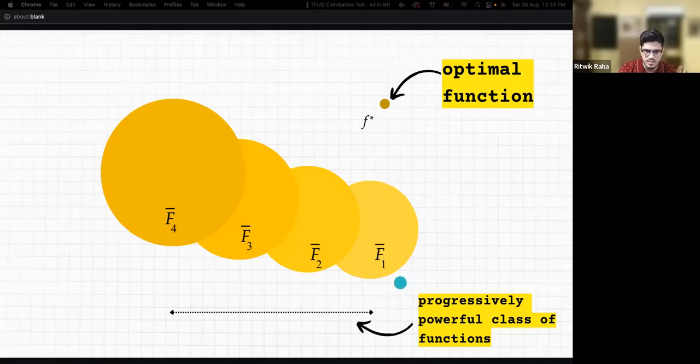Now, what happens is, since f2 bar is not exactly the same class as f1 bar, it doesn't contain f1 bar in its entirety. It is progressively growing bigger in size, but it is not growing in the direction of f star, which is what we want to approximate, which is our optimal function.